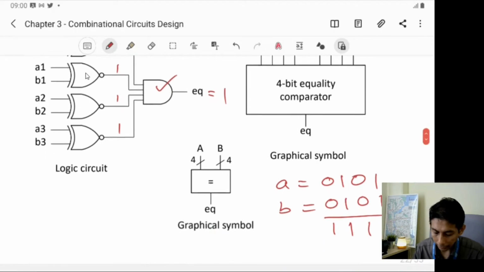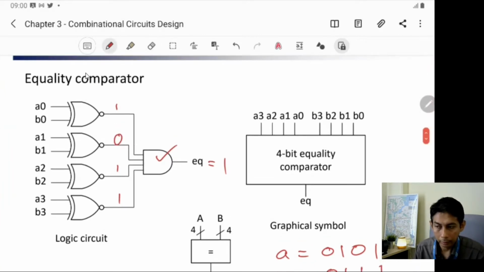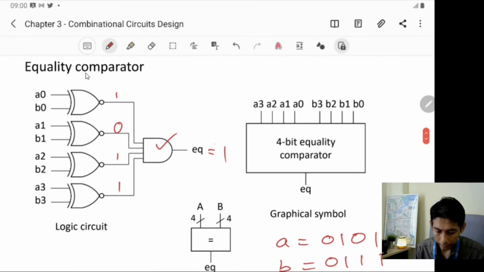But if one of the bits is not equal, for example at B1 we have 0 here, then EQ will be equal to 0, meaning the numbers are not equal.